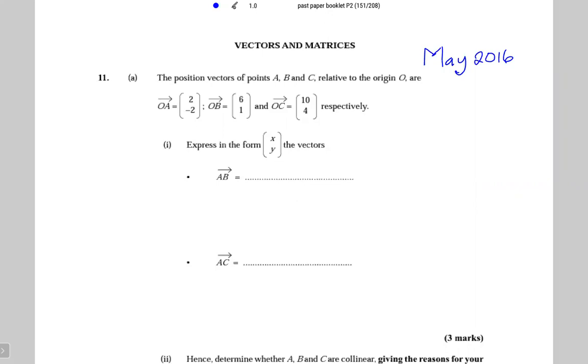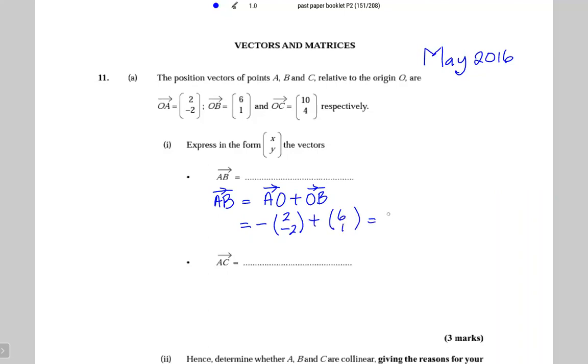Now, from triangular vector, AB would be equal to AO plus OB. AO is minus OA, so it's minus (2, -2), plus OB, which is (6, 1).